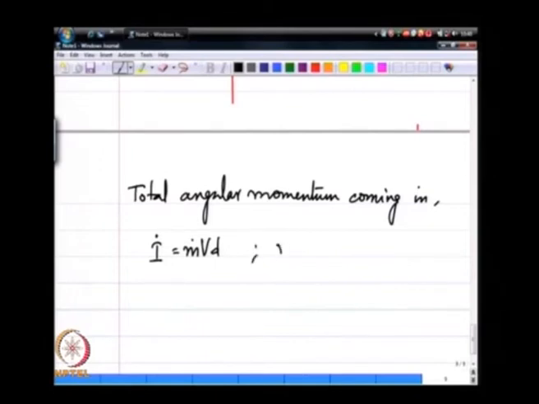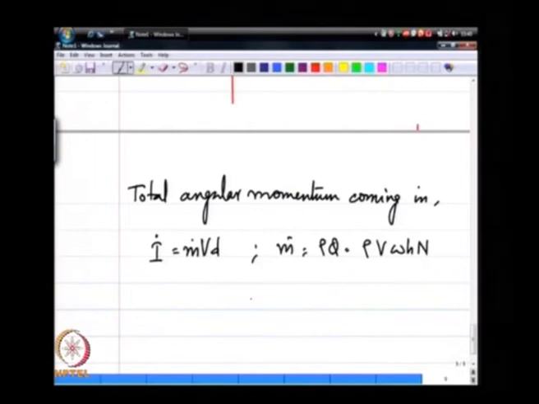M dot equal to rho times q, that is equal to rho times V times W times H times N, the number of slots. Rho is the density of the fluid. So, this is how much angular momentum is being input into the swirl chamber.